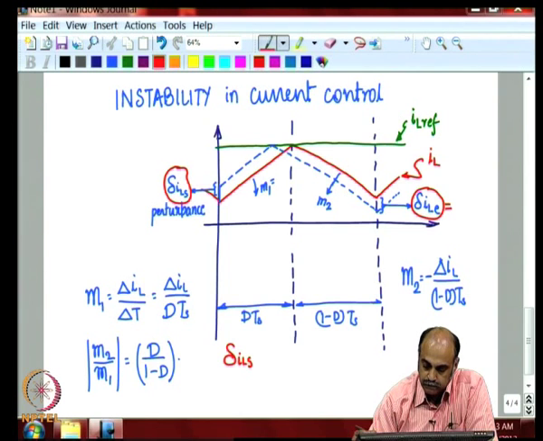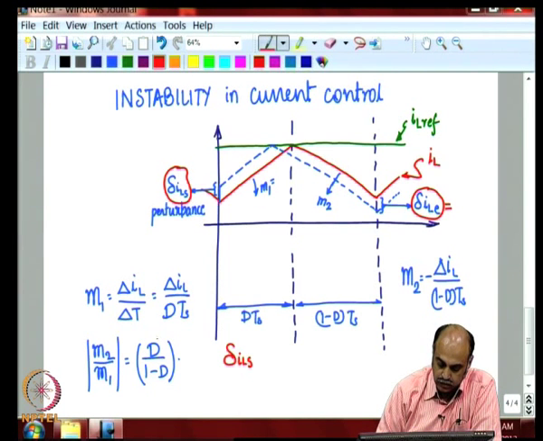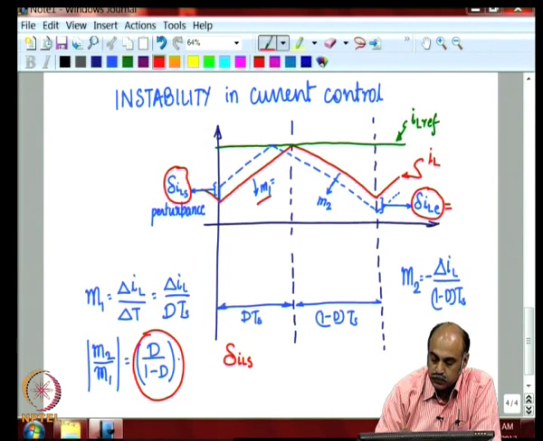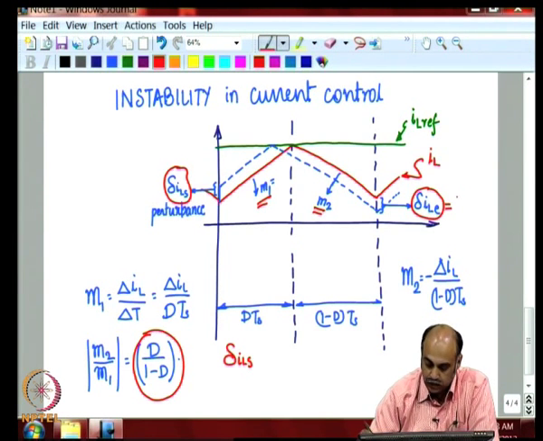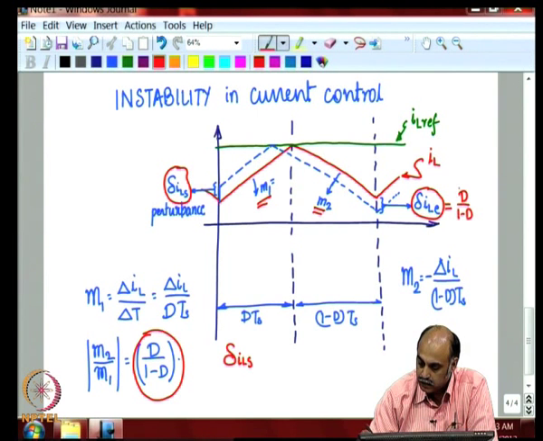This would be the slope, because there are two slopes coming into the picture, m2 by m1, d divided by 1 minus d, into delta IL at the start.